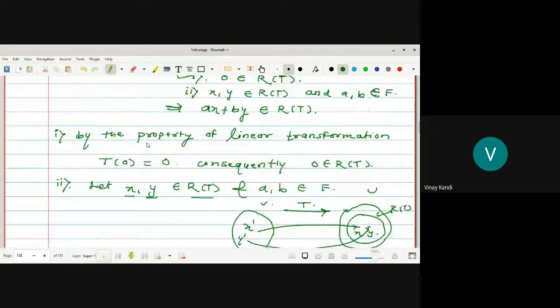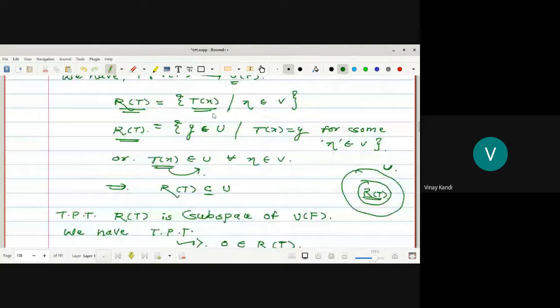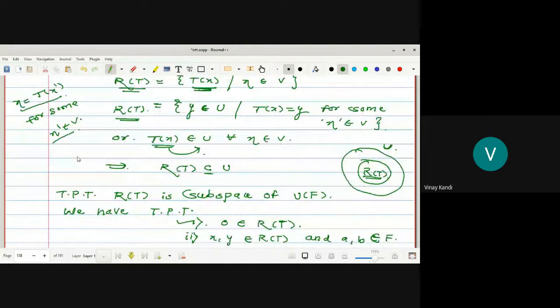T of x. So X is equal to T of x dash for some x dash belonging to V, by the definition of range space of T. So if one of the elements in R of T is X, then that element is equal to T of x dash for some x dash belonging to V by the definition of R of T. So here we get that the elements x dash and y dash exist.